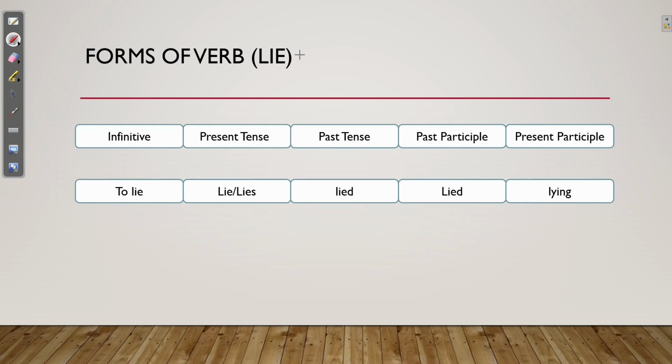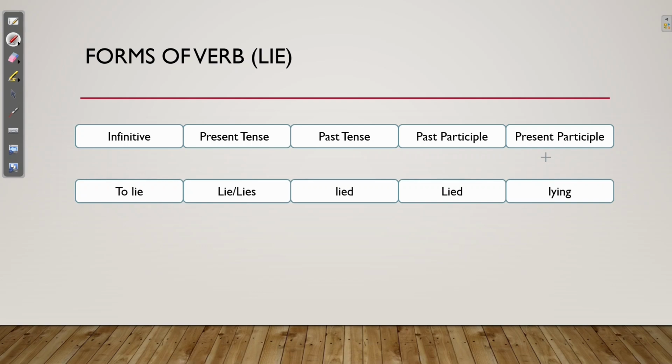So you have to remember that the lie we did before had a different meaning, and this one has a different meaning. As you can see, the infinitive form is the same, which is to lie, alright? The present tense is also the same, lie and lies, but the past tense is different, that is lied, alright? There we had lay. The past participle is also different, there we had lain, but here we have lied, alright?